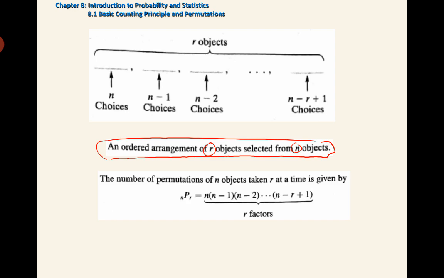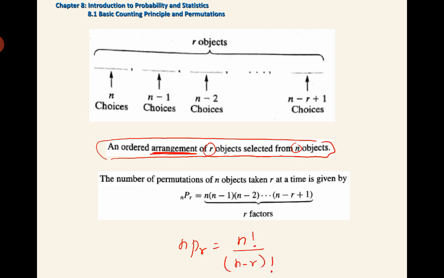Arrangement is the word to be underlined: arrangement of r objects out of n objects. The formula has been given here. So the formula gives you an idea. nPr will be n factorial divided by n minus r factorial.